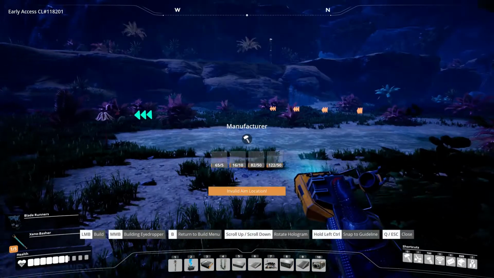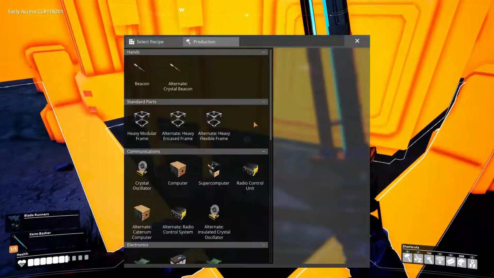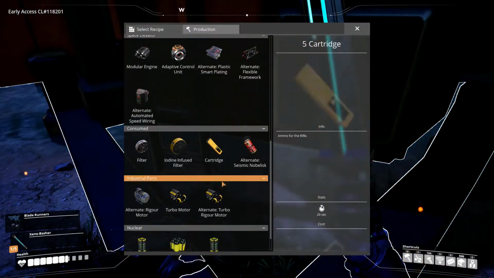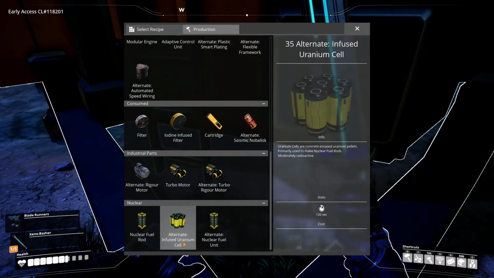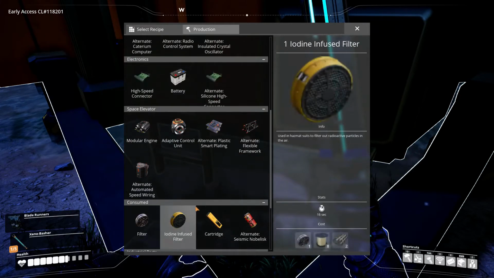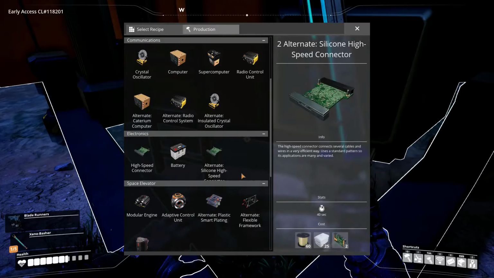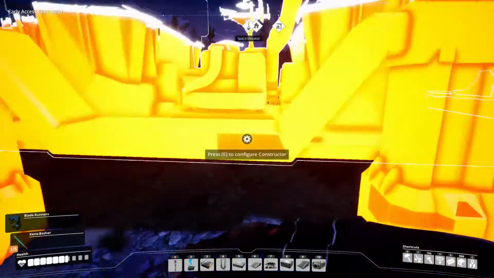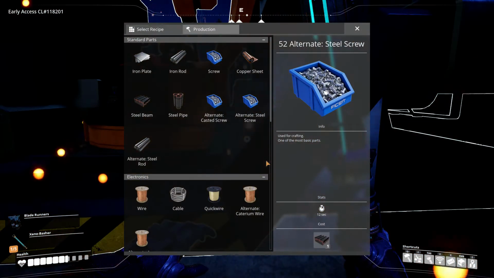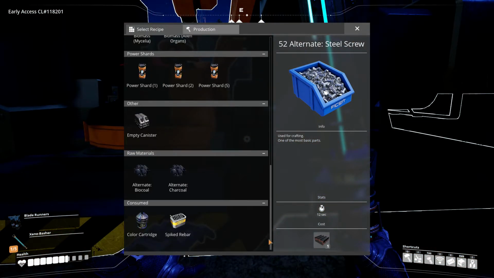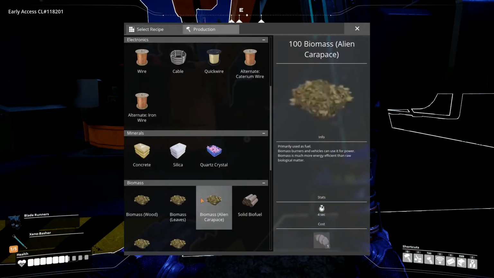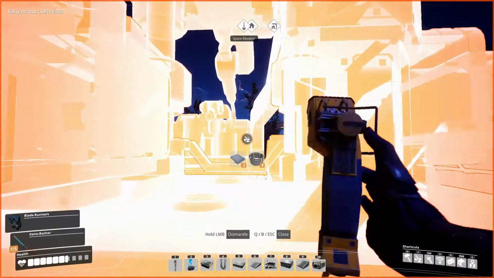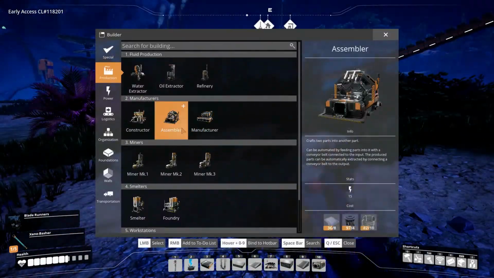Can I make one? Dang, it's not even here. I don't want to use the alternate recipe because it's not guaranteed that you would have it. Oh crap, what am I doing? The assembler.